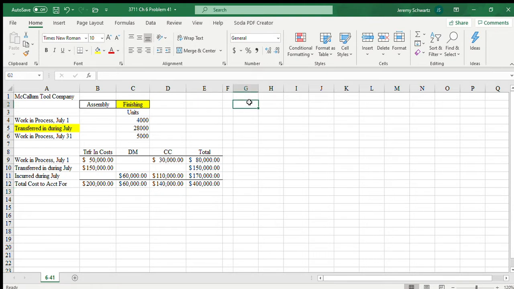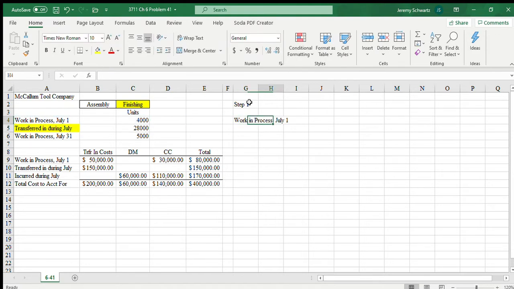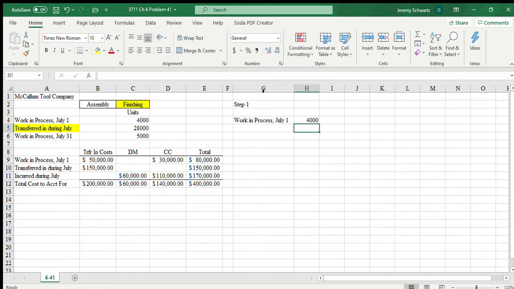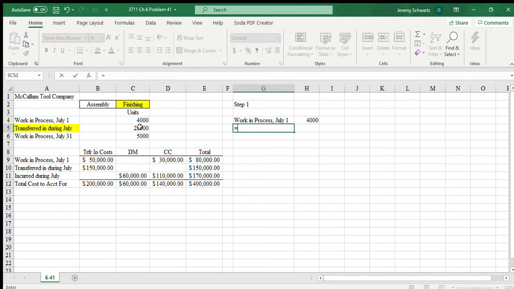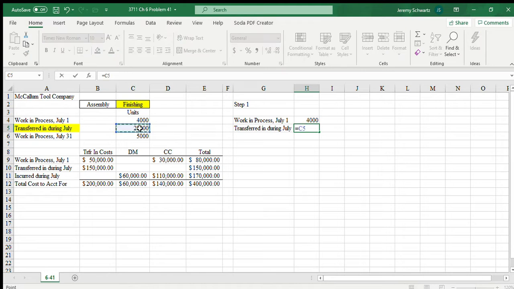So if we were to work through our process here, so our step 1, units to account for, we have our beginning work in process, which has 4,000 units here. Our transferred in units, which were 28,000.